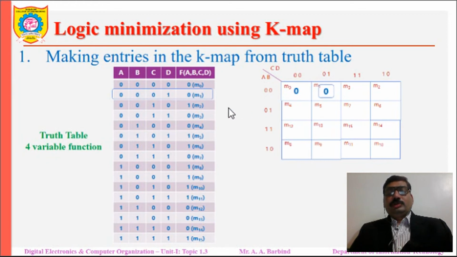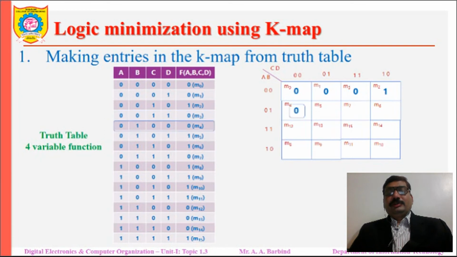So the entry is made in this cell. Whatever output is there, that particular entry is made in the appropriate cell. The next entry is for 0, 0, 1, 0, which is 1. For the next row, the output is 0, and the inputs are 0, 0, 1, 1. So it goes to this particular cell.